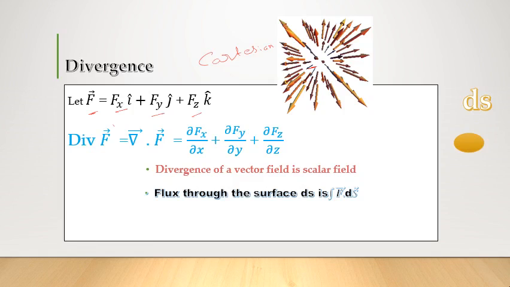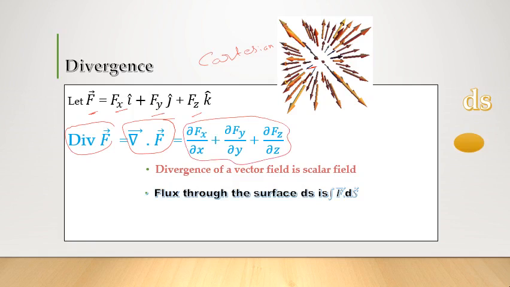Then divergence is denoted like this, or using the del operator I can write this as divergence as shown here, and it is defined by taking the x partial derivative of the x component only, then similarly the y component only, then the z component of the field with respect to z, then you add all these three derivatives.